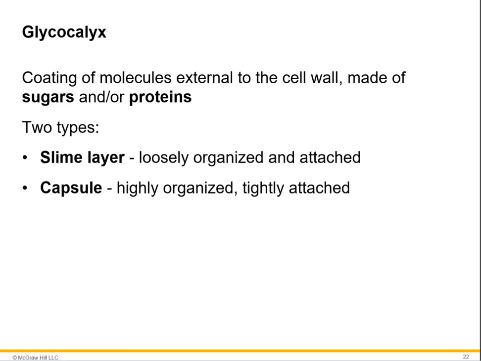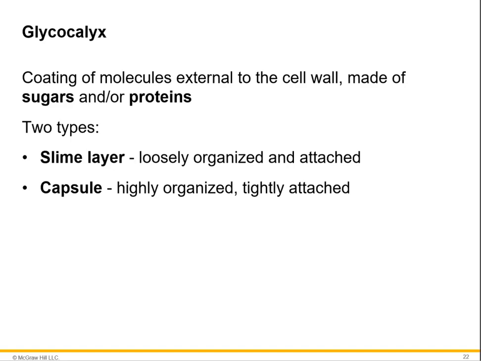Okay, so we covered bacterial appendages. Now let's talk about the bacterial cell itself from outside to inside. So the outermost layer is going to be this thing called the glycocalyx. And that is a coating of molecules on the farthest outermost portion of the cell, outside of the cell wall. And these molecules are going to consist mainly of sugars and proteins.